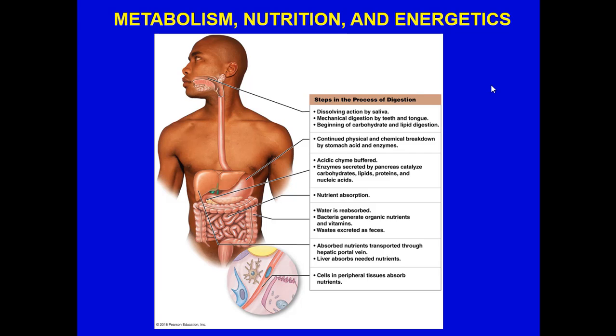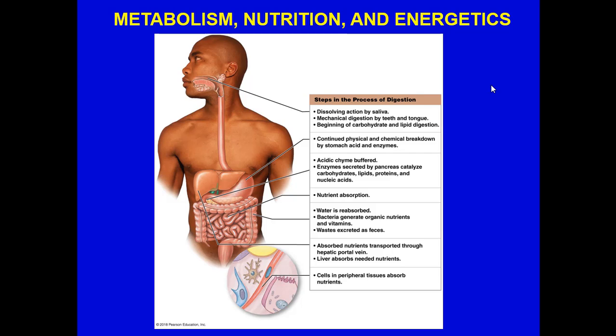Now, all of this process is occurring, and you also discharged a certain amount of water. So what happens is we eventually have a pasty material, somewhat fecal-like, that gets discharged from the small intestine to the large intestine. There, the water is reabsorbed. There, bacteria will help generate further organic nutrients and vitamins. Those vitamins will be absorbed.